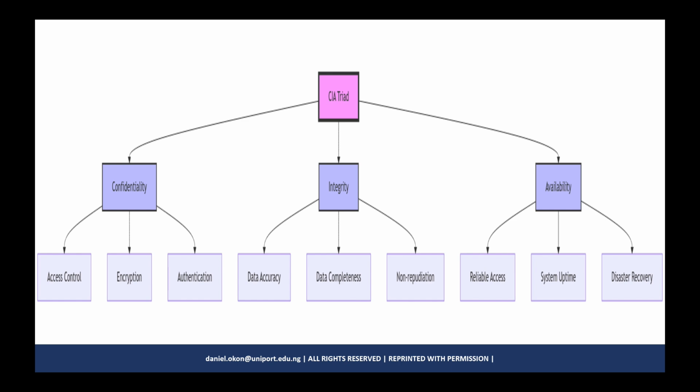If I ask you in an exam, with the help of a diagram, or I just tell you, explain in detail the CIA triangle, are we together? If you draw this diagram, you have gotten your 100% score. Let me tell you the truth.